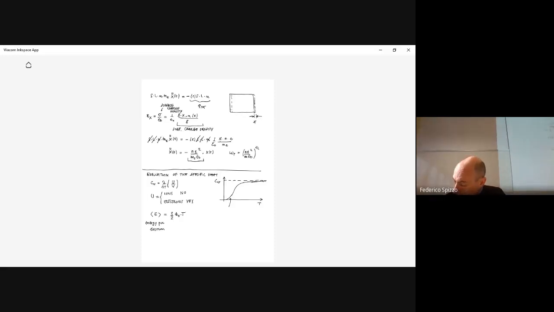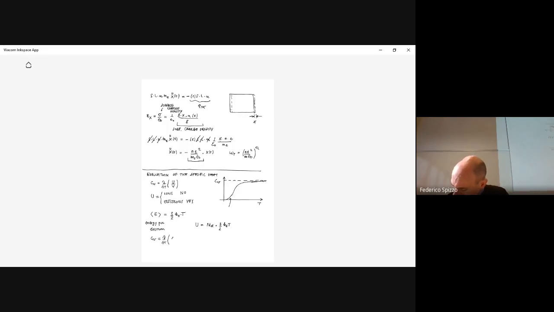Due to that, if you write down U, that is the total energy, since the energy does not change from electron to electron but is always the same, you may just write the number of electrons times 3 divided by 2 times Boltzmann constant times temperature. When we try to evaluate the specific heat, we have the derivative with respect to temperature of the energy density, so we have to divide by the volume. The number of electrons divided by the volume is the electronic density.